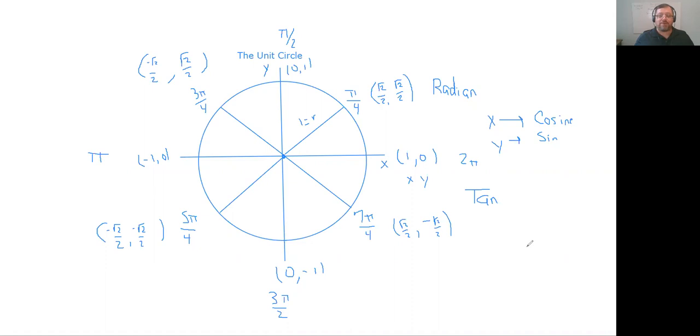Well, the opposite is on the sine, and the adjacent is on the cosine, but... Okay, so tell me, what is it? Sine over cosine.